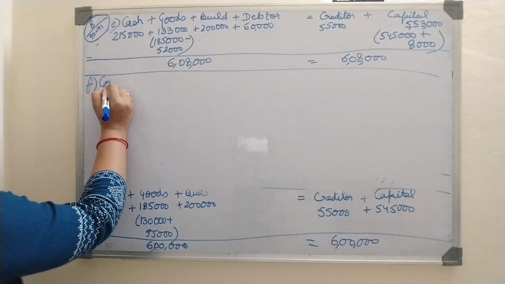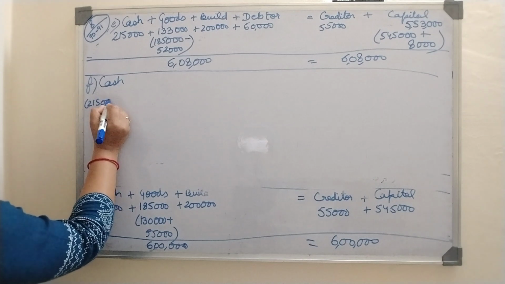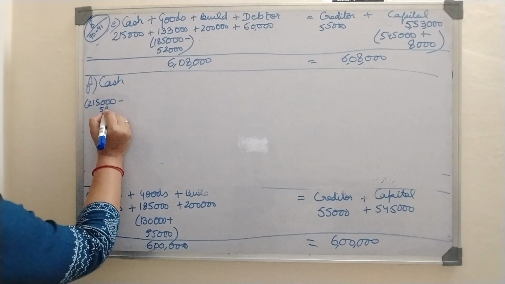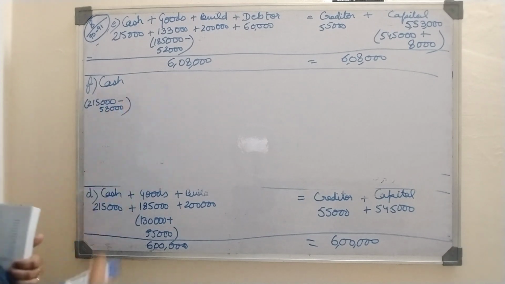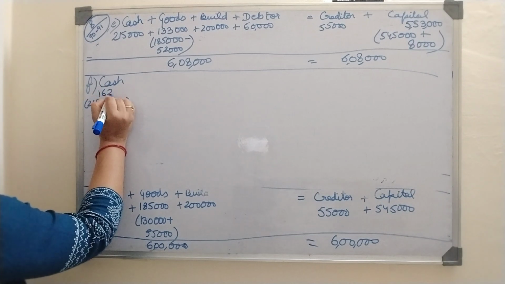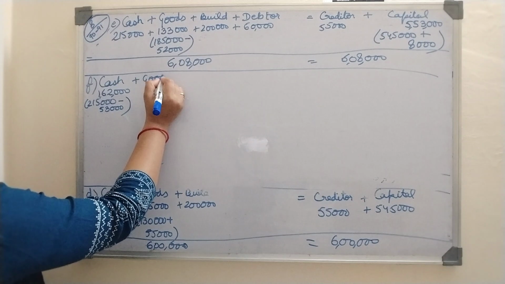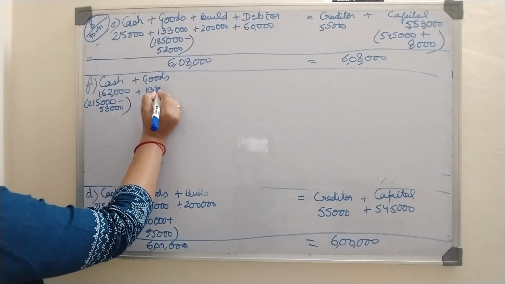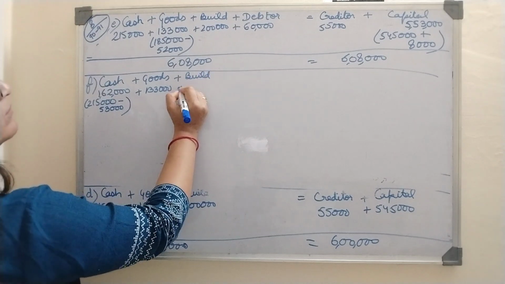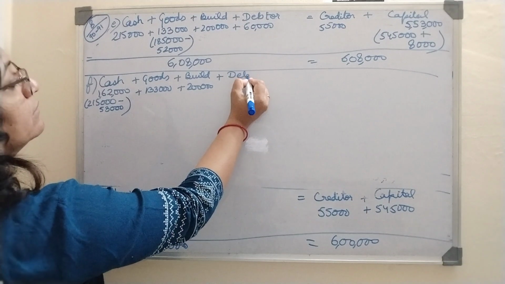So what do we do with the discount received? We add it in capital, right? So we have paid him. So cash is involved. 2,15,000 minus 53,000 is 1,62,000. Goods will remain the same. Building will remain the same. Debtor.